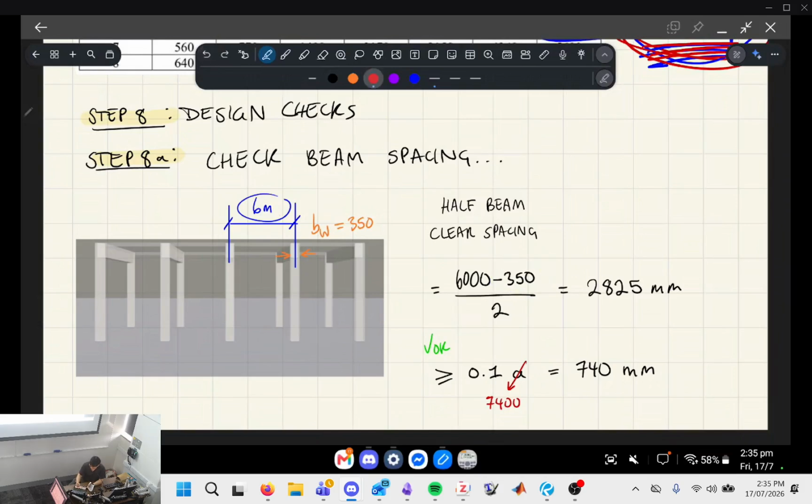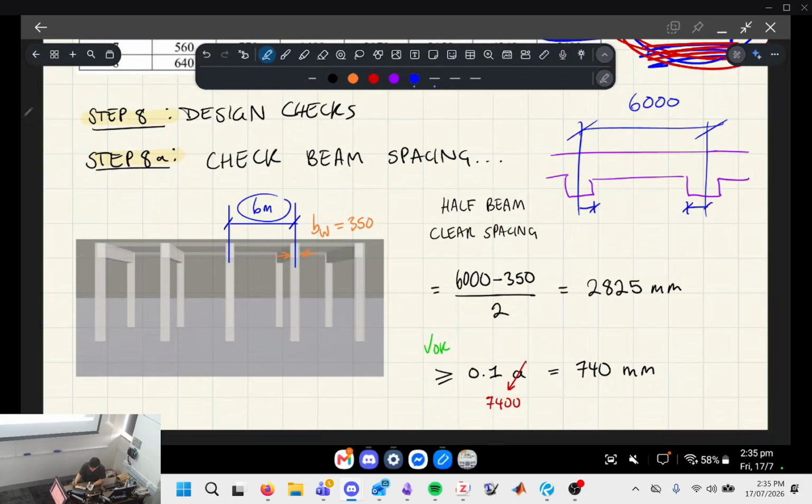Okay, so if you imagine the beams like this, middle to middle is 6,000, and then we want to get rid of half the beam width on either side, right? So that's 350 over 2, 350 over 2. And if you add those together, obviously you just get 350. So that's what we subtract off.